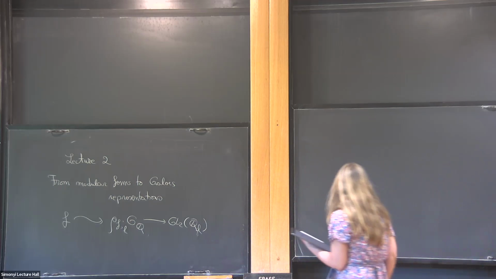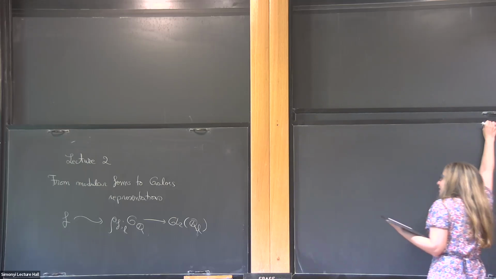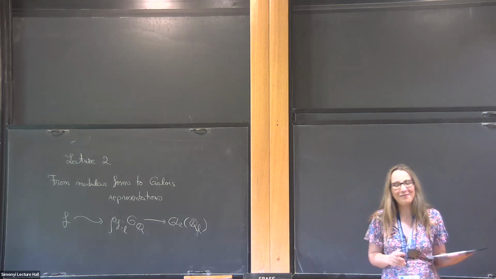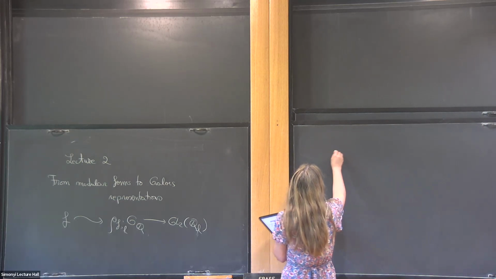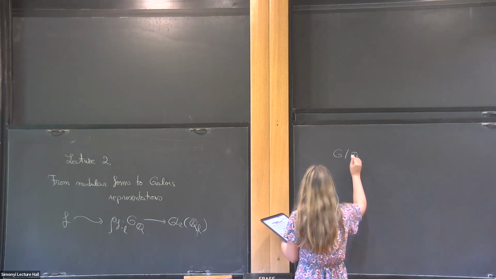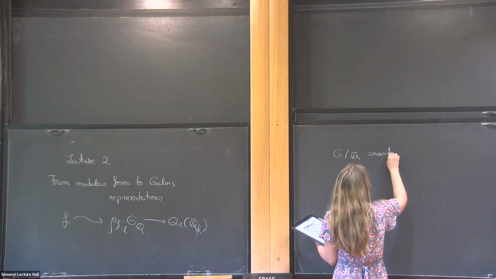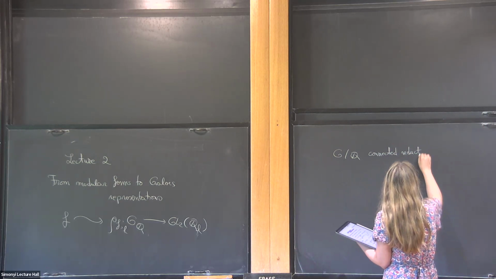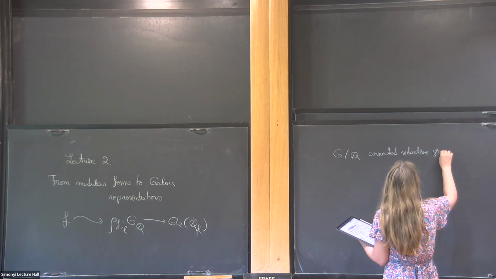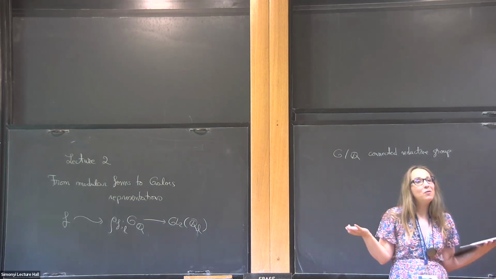The first thing is kind of general, but you don't have to worry. You can either think generally if you're comfortable with that, or you can just take an example. I'm going to take G to be something called a connected reductive group. These might also come up in Jessica Fintzen's colloquium later today, but you don't have to worry too much about it. You can think of it as basically a group of matrices.